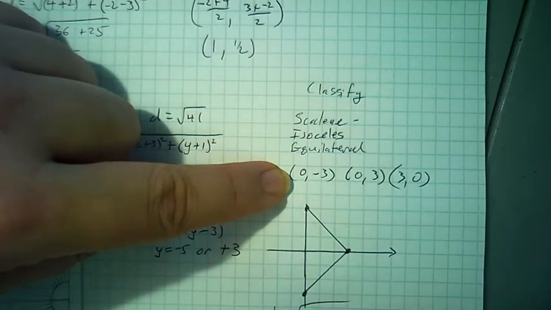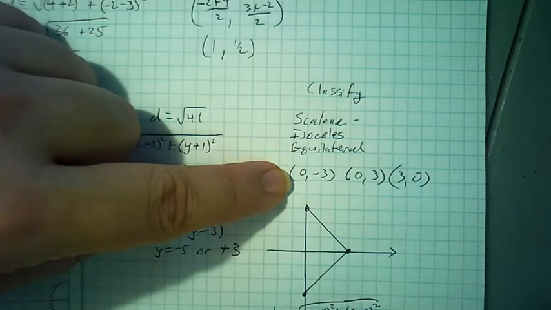0 minus 0 squared plus 3 minus negative 3 squared is 6 squared, 36, and 0. So the square root of 36 is 6.